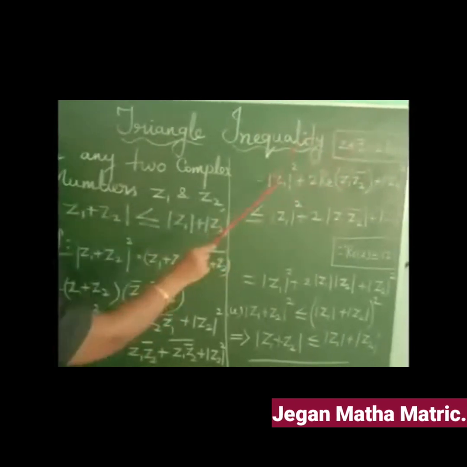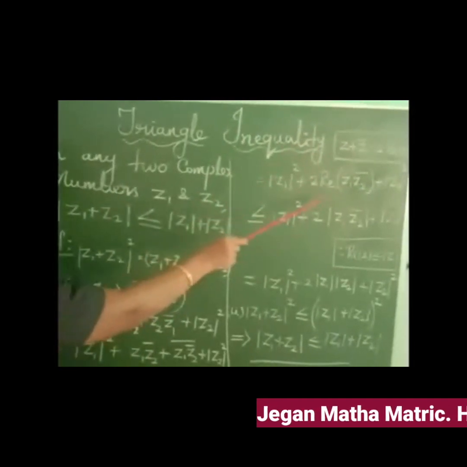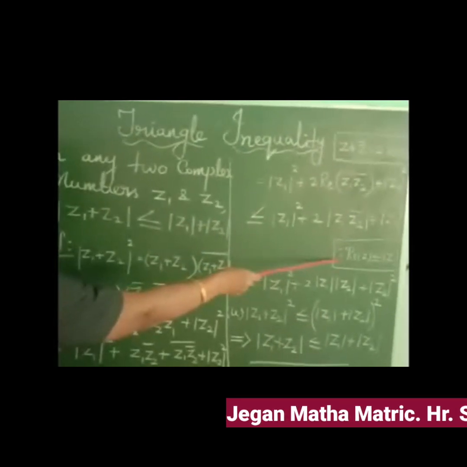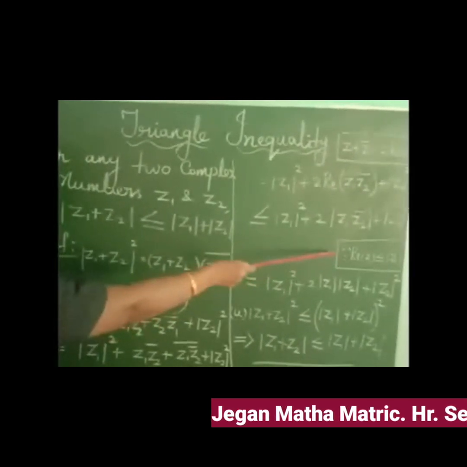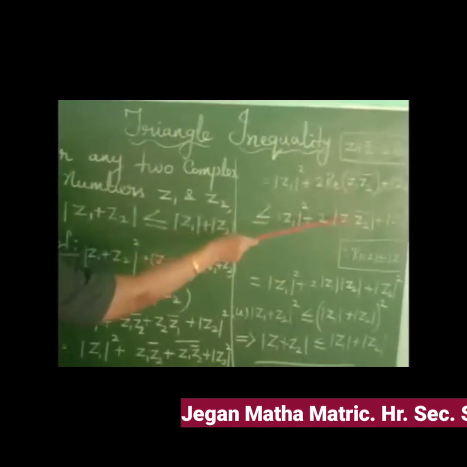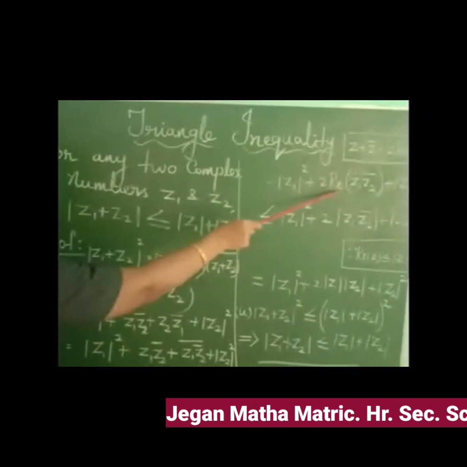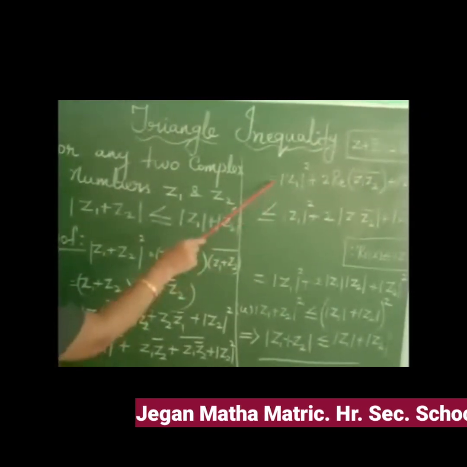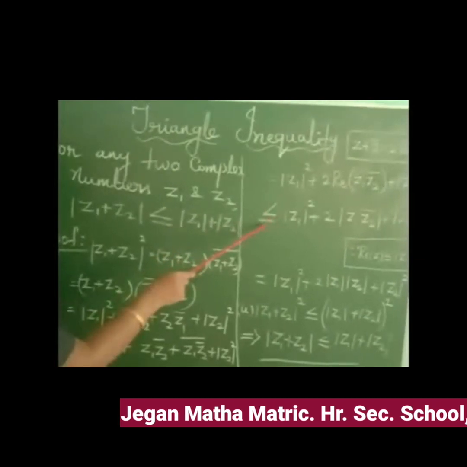The remaining two terms you can keep as they are. Again, we have studied one property: real part of z is less than or equal to modulus of z. Since we are changing this real part into modulus, the symbol also changes from equal to into less than or equal to.